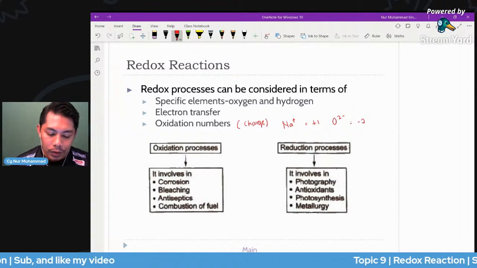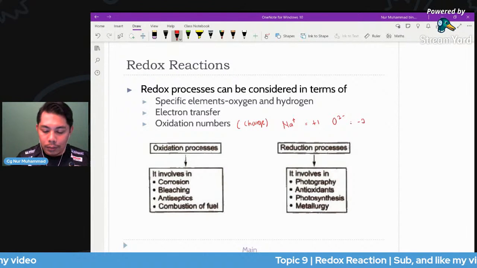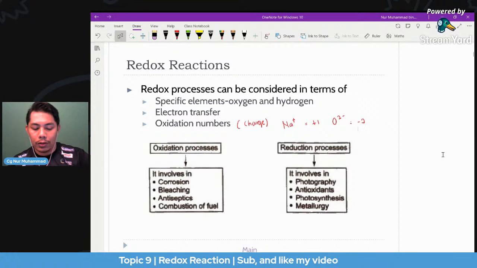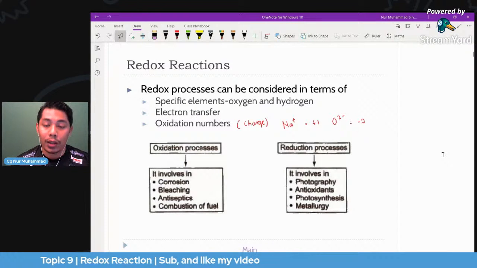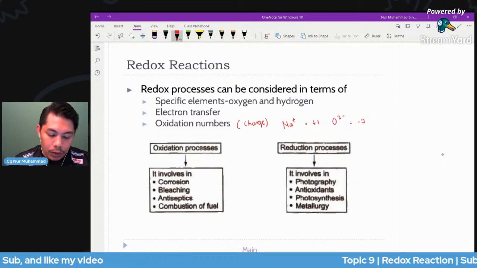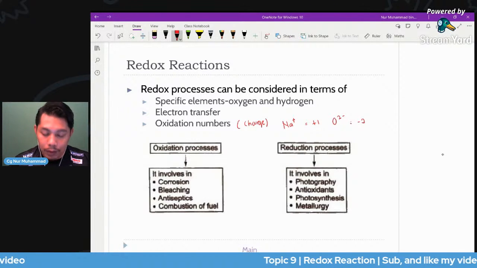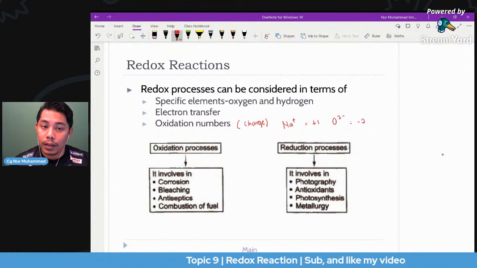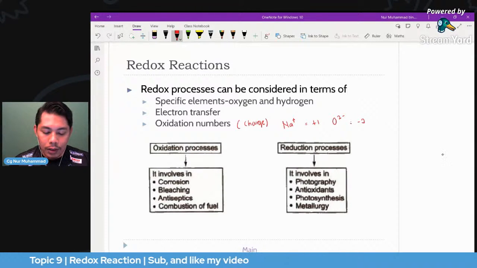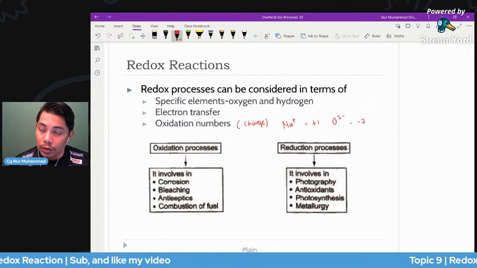Okay, so the oxidation and reduction process. This is an example of reaction based on our surrounding. Example of oxidation, apa dia? Corrosion. Kita belajar sebelum ni kan, acid base, ada acid rain, betul? Can cause a corrosion, so that one is oxidation.